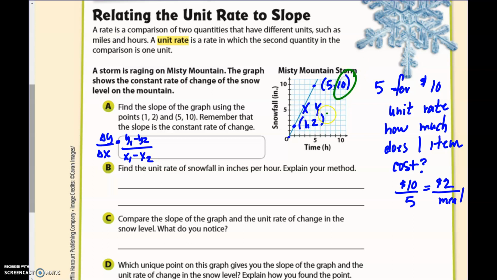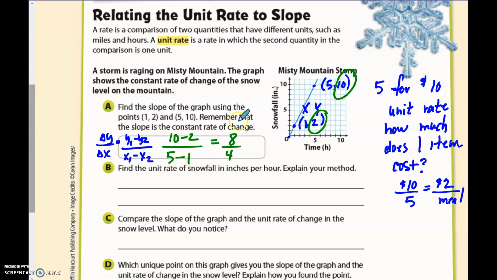So I'm going to take this number minus this number on top. So 10 minus 2, those are my y values, and my x values go on the bottom. If I started with 10, I have to start with 5, minus 1. So 10 minus 2 is 8, and 5 minus 1 is 4.